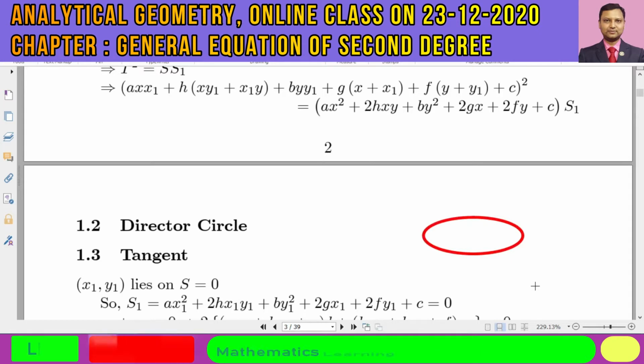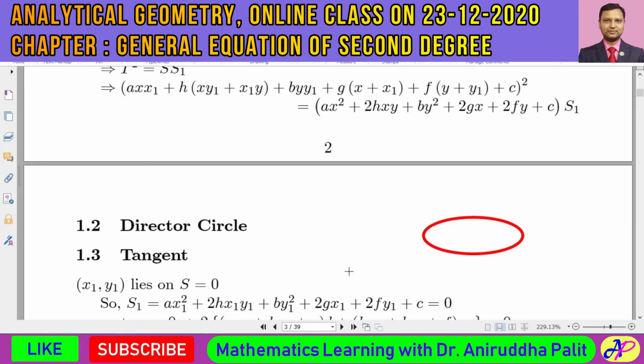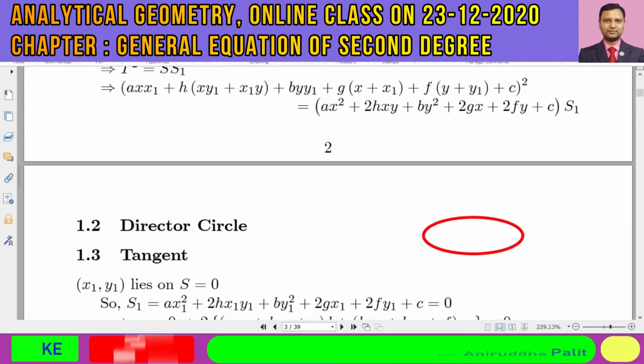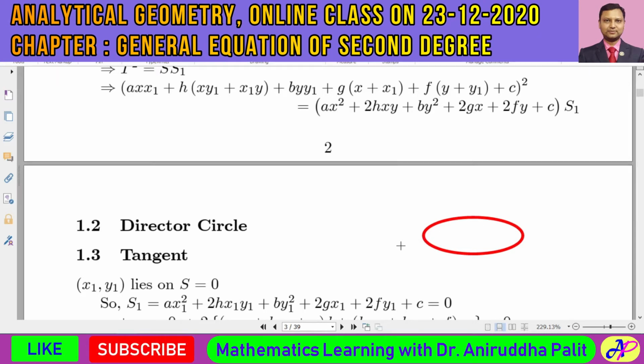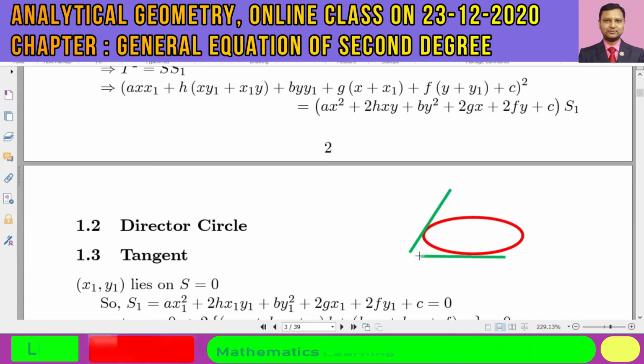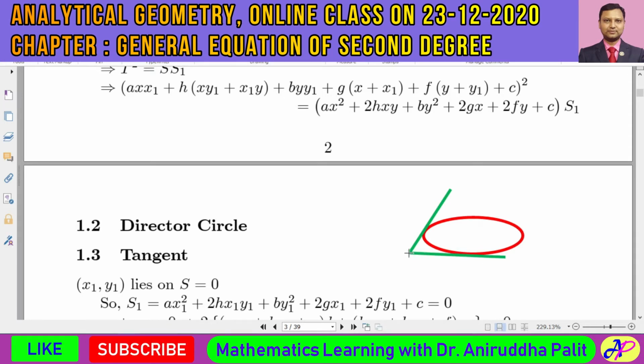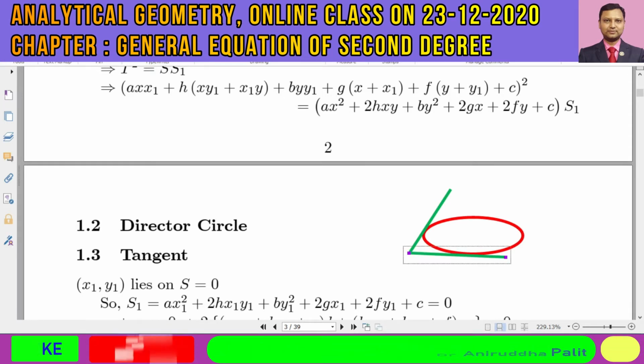Suppose you have a curve, and we draw a pair of tangents from a point. This is one tangent, and similarly we may draw another tangent from a particular point.